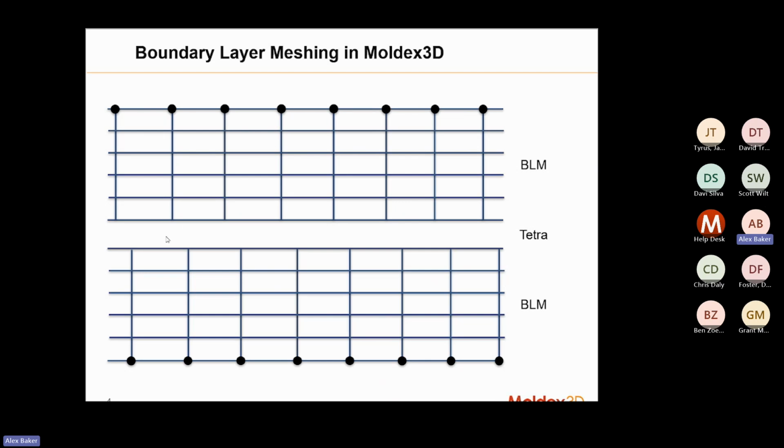But for any sort of real geometry, you really won't have the same contour across the top surface as you do on the bottom surface. So these nodes are going to be offset from one another, which means these extruded layers need to be connected. That's where the tetra layer comes into play. It's kind of like the glue that allows you to combine these two extruded layers.